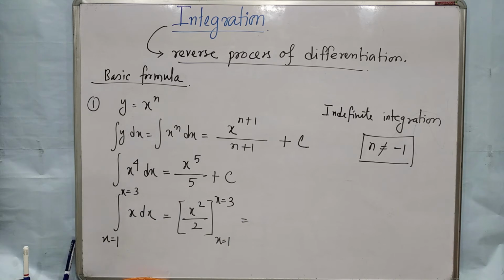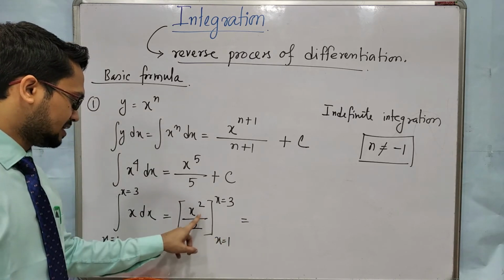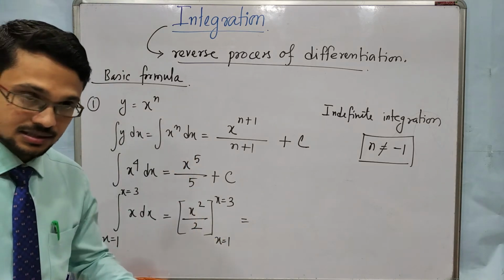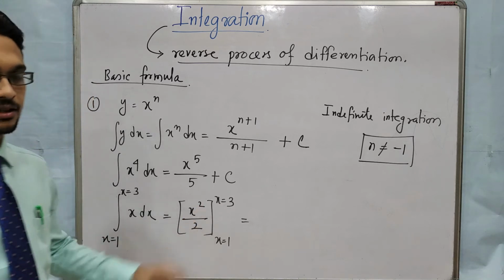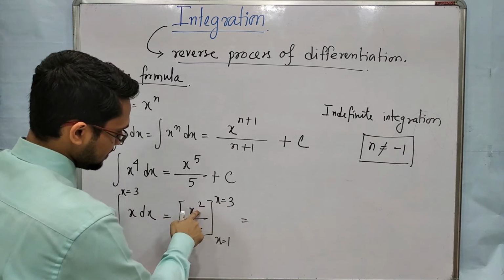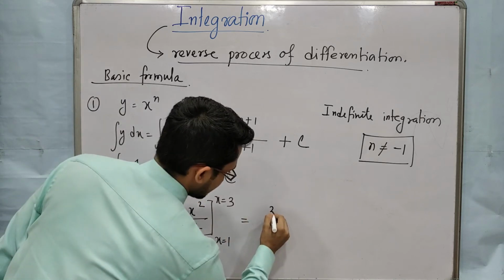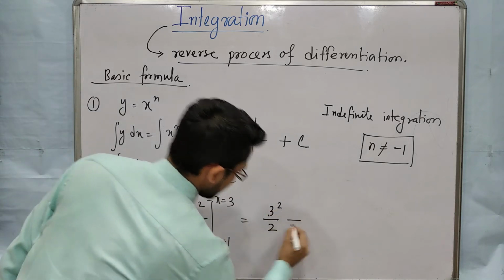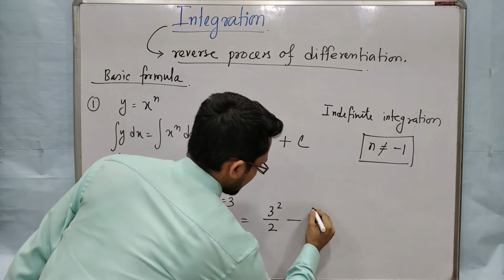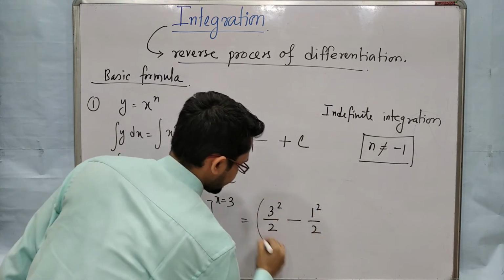First put the upper limit in place of x, then minus, then the lower limit in place of x. So upper limit means x equal to 3, so 3 square by 2 minus lower limit 1 square by 2.